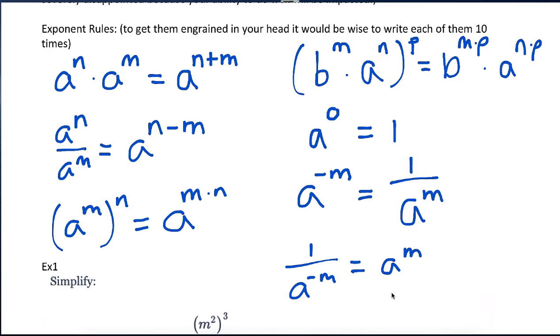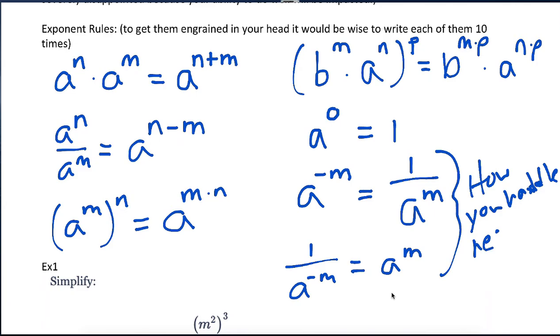So the idea behind that negative exponent rule is if you have a negative exponent, you can move it to the other part of the fraction and make it positive. So that's the way you deal with negative exponents. Okay, so that's how you handle negative exponents.